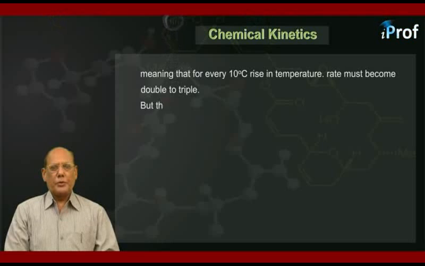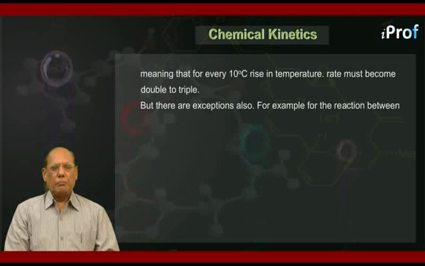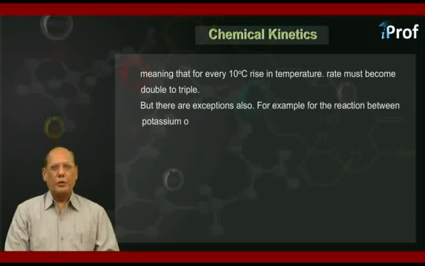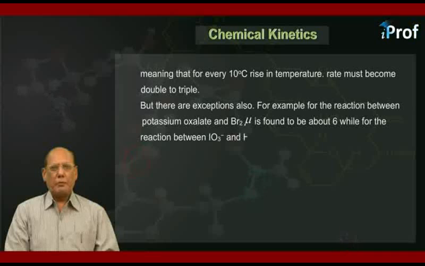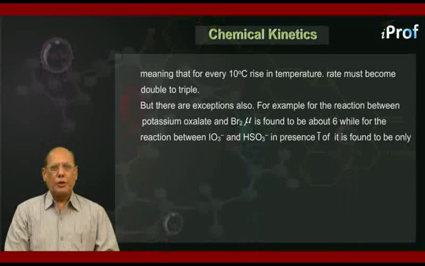But there are exceptions also. For example, for the reaction between potassium oxalate and bromine, mu is found to be about 6, while for the reaction between iodate and bisulfate, in presence of iodide ion, it is found to be only about 0.85.